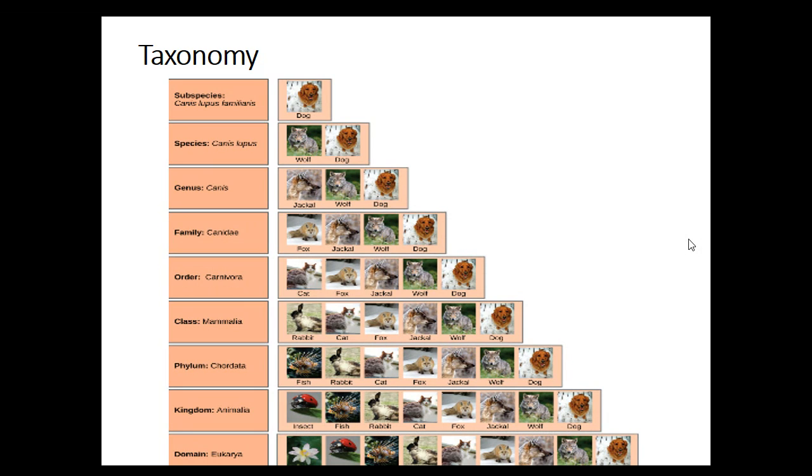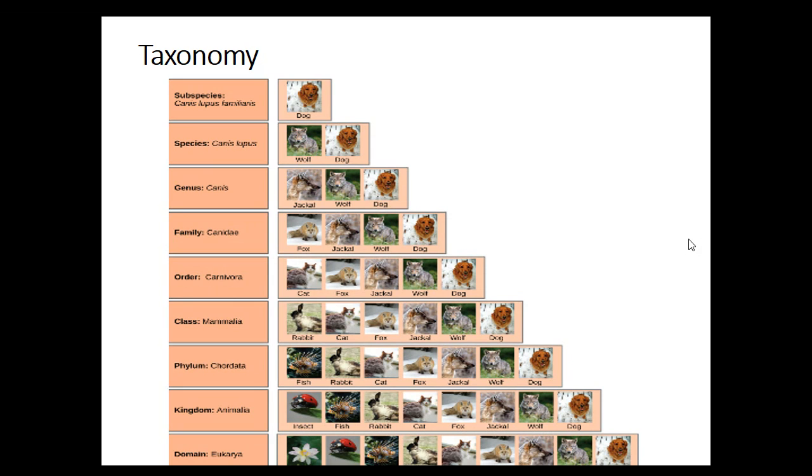Then within Chordata, the class Mammalia, the mammals, and so that includes most of these, but it doesn't include fishes. Fishes are not mammals; they're in a different class. Birds, fishes, reptiles and amphibians, those are in different classes.